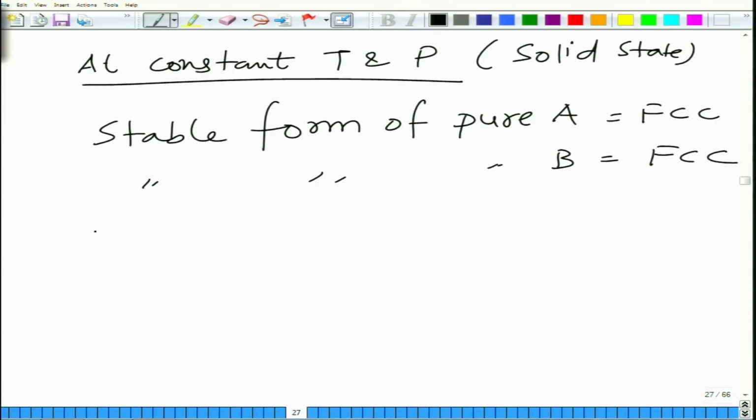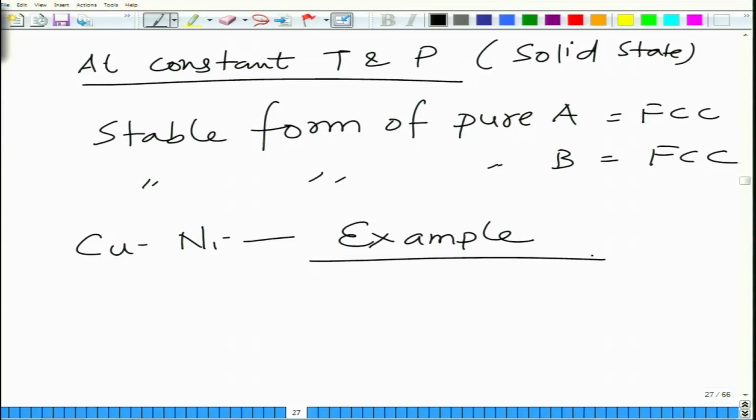This is something which is very well obeyed by, let us say, the copper nickel system. So it is an ideal solid solution that you make. They are miscible in each other, in both liquid and solid states.